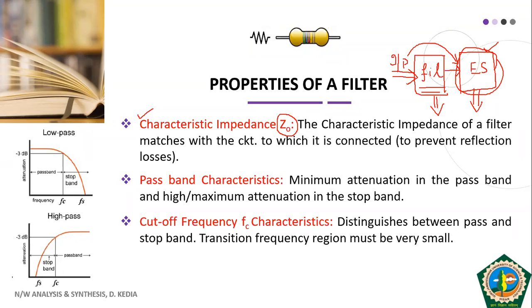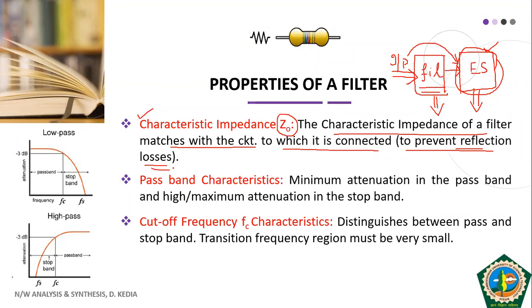So same is the case here. So if the characteristic impedance of the filter matches with the circuit to which it is connected, we'll be able to transmit maximum power, and that will prevent your reflection losses. If there are reflections, then obviously signal loss takes place. So that is characteristic impedance.